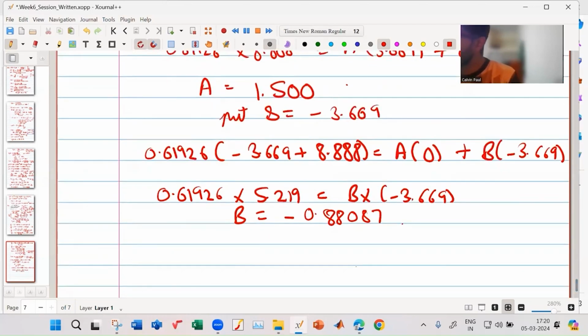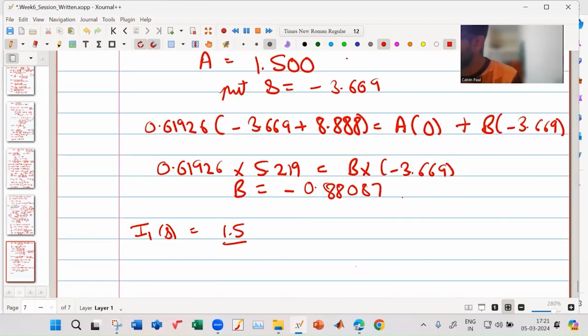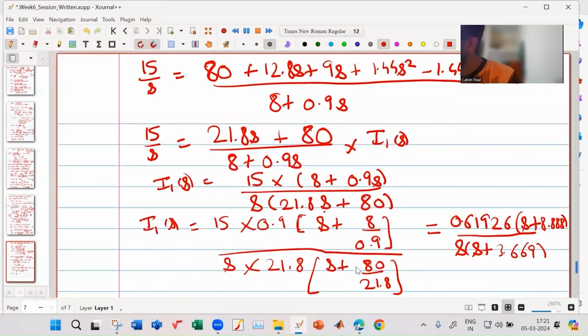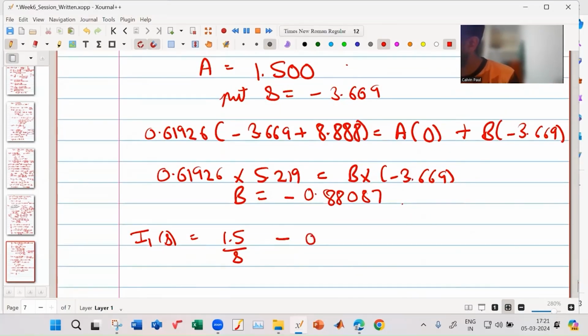So I found the value of A, I found the value of B. So I will substitute: I1 of s is equal to 1.5 divided by s plus minus 0.88087 upon s plus 3.669.